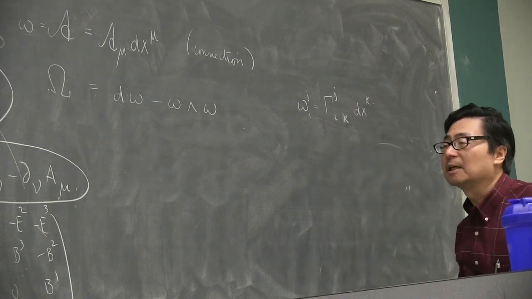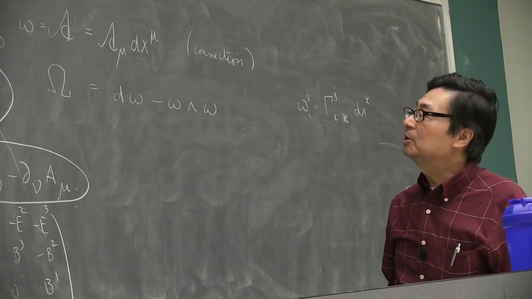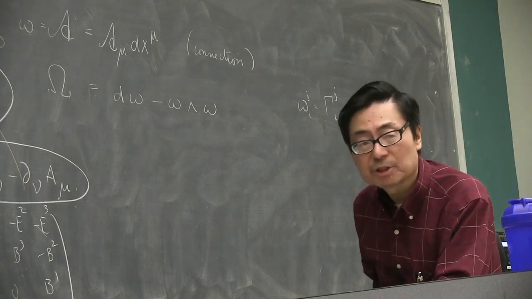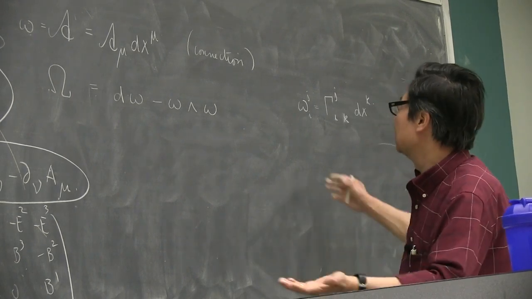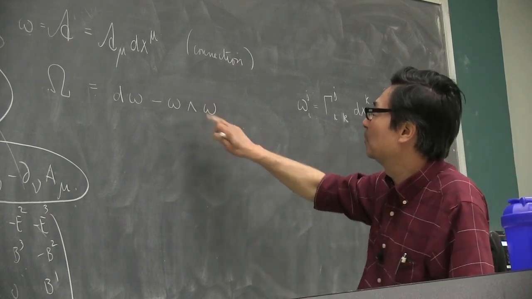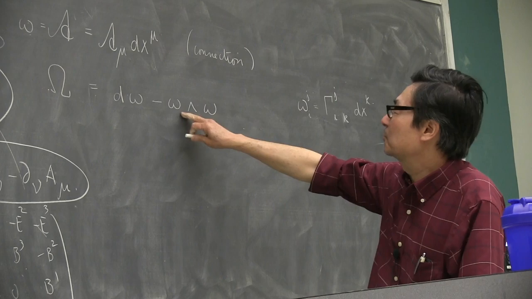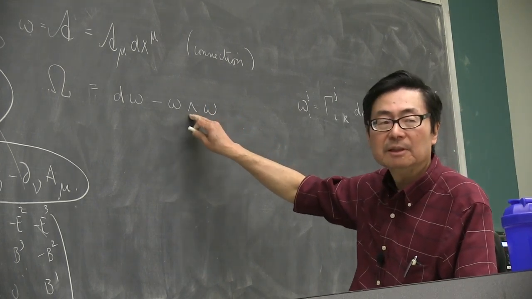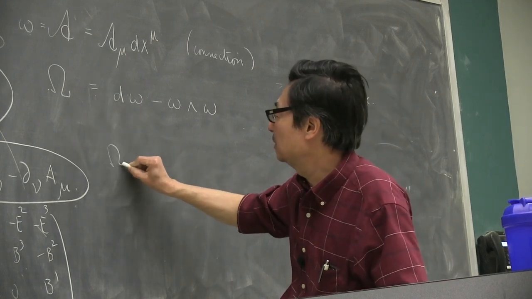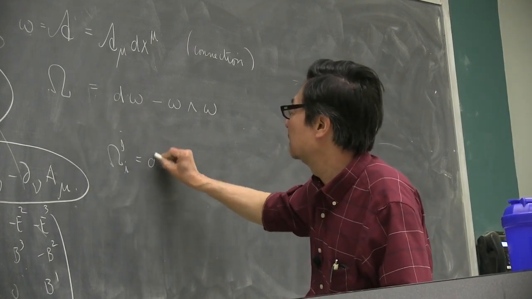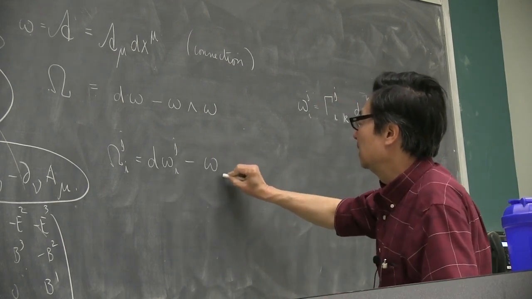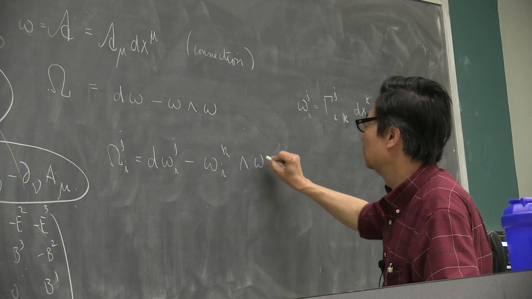So electrodynamics is a simple situation where the connection form is not a matrix form. It's just a simple 1-form, a differential like this. Now this wedge here means both matrix multiplication and wedge multiplication. So for example, if you want to calculate the ijth element, you would have d omega ij, and here I would have omega ik wedge omega kj.